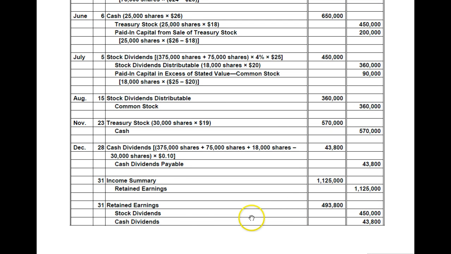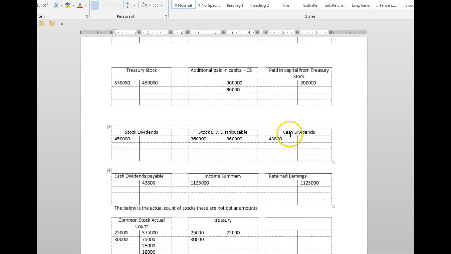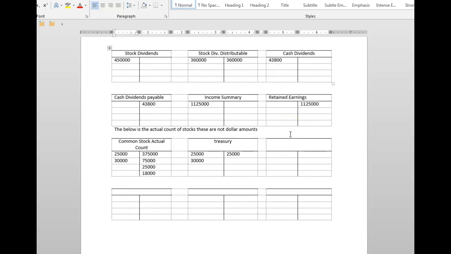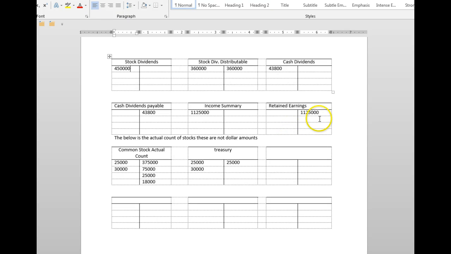So now, to close these, we've got to credit them. So we're going to credit them for 450,000 and 43,800. That total is 493,800. That is going to reduce retained earnings. So let's go back. Now, you think I'm crazy because I'm making you do T accounts, but you're going to need this. So my retained earnings, let's see, what was that?